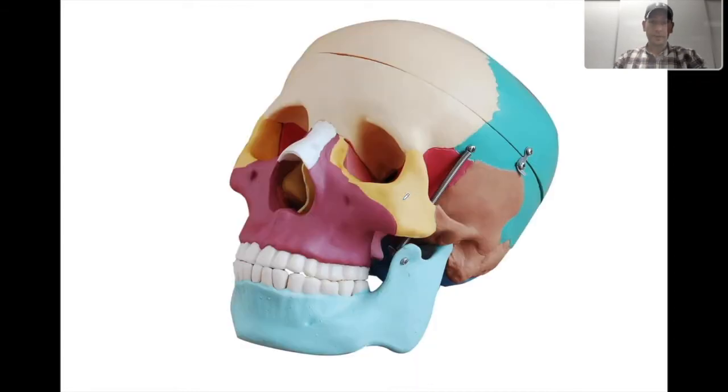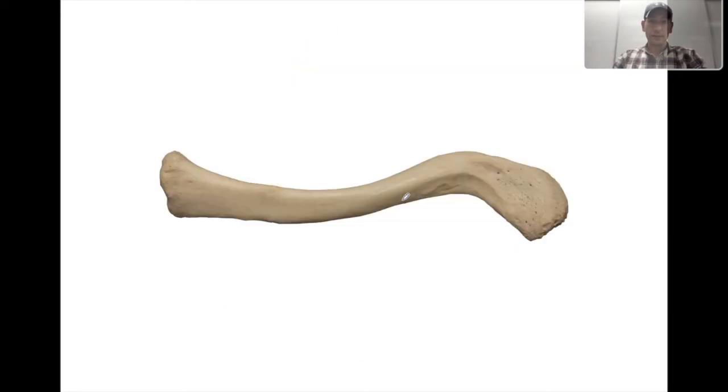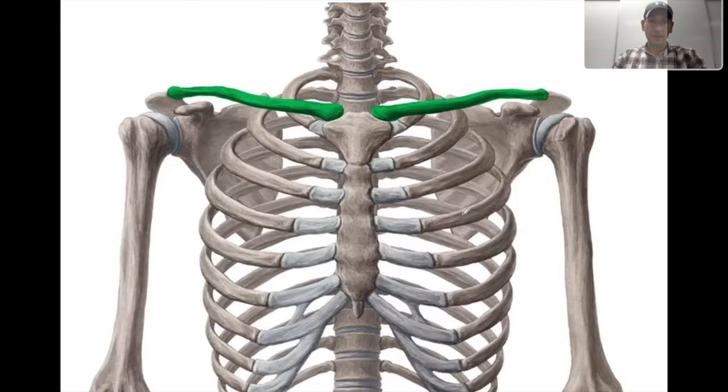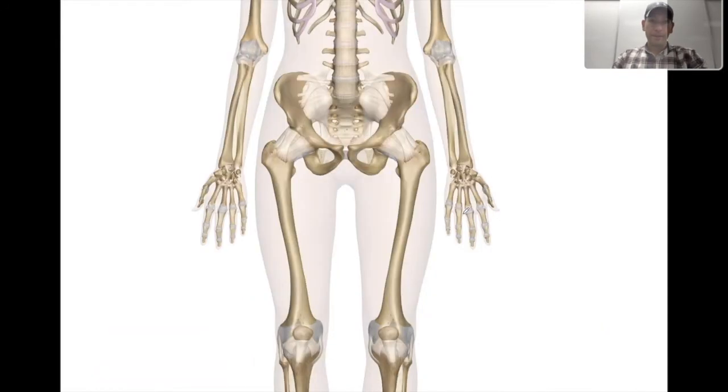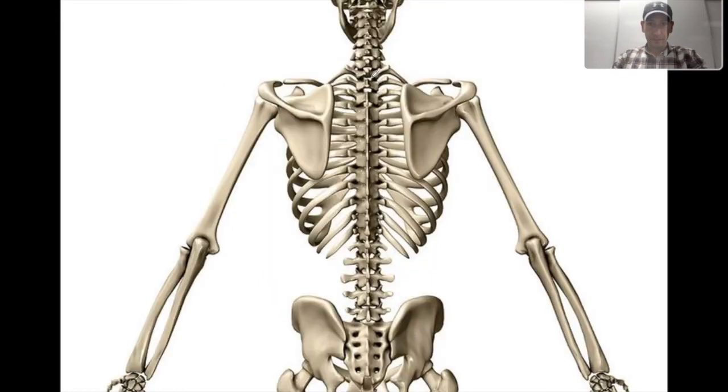So again, let's review here. What do you think? The skull, axial or appendicular? The answer is axial. This is a clavicle, appendicular. The hip bones belong to appendicular. Scapula, appendicular. Clavicle, appendicular.